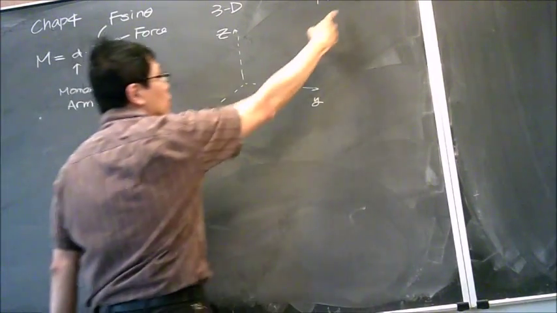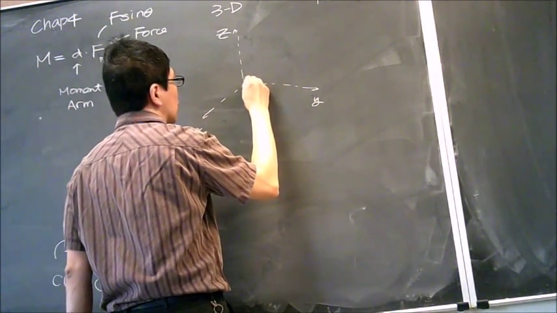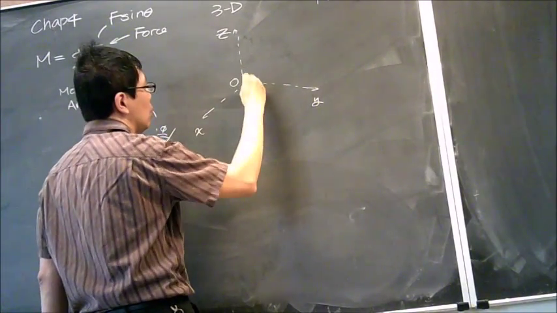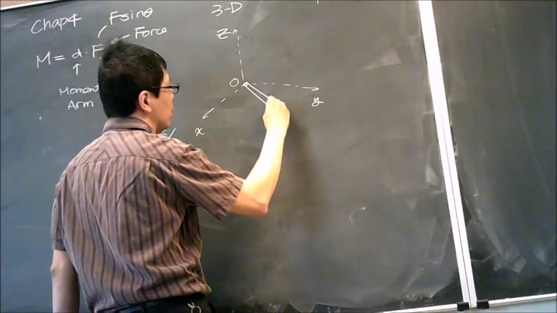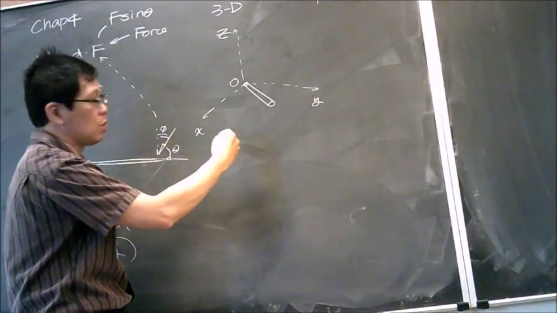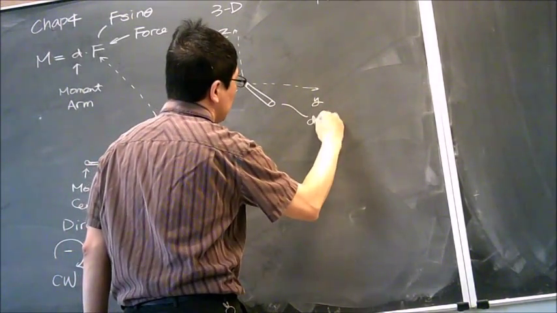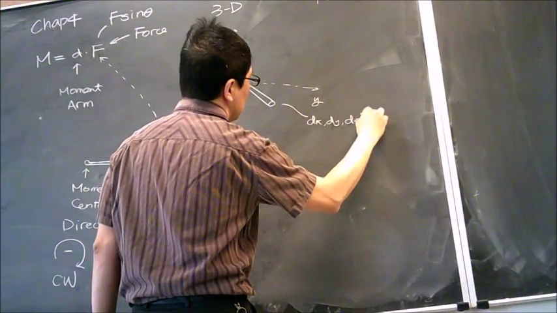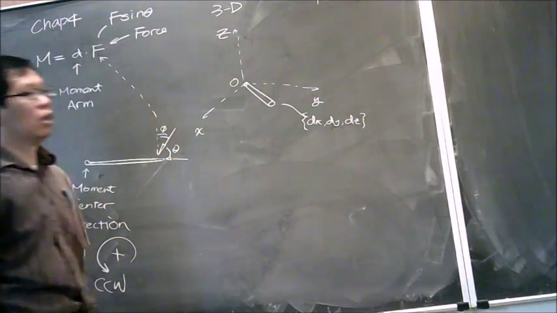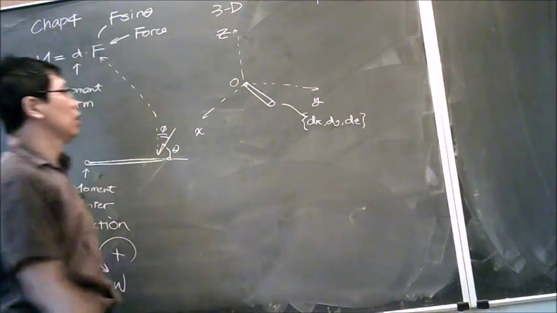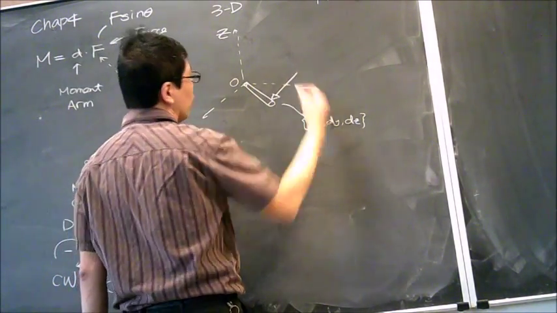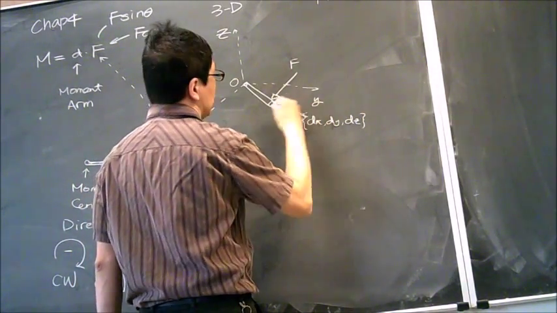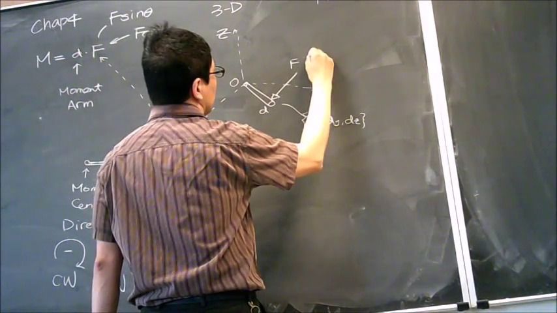So let's say this is my reference moment center. And my cantilever beam is sticking up at this position. Then I have dx, dy, dz. Meanwhile, I'm applying a force to this cantilever beam at this position.